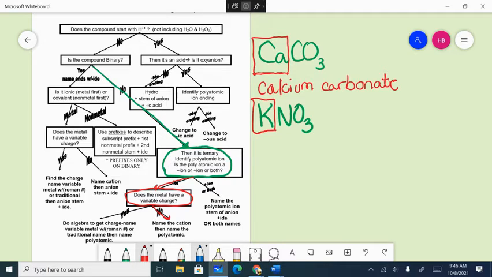Remember, the nitrogen and oxygen polyatomic ions have a charge of -1. So look in your list of polyatomic ions. What is the name of NO3? Nitrate. So that is a negative ion. Does potassium have a variable charge? Does not. So we're going to name him potassium nitrate.